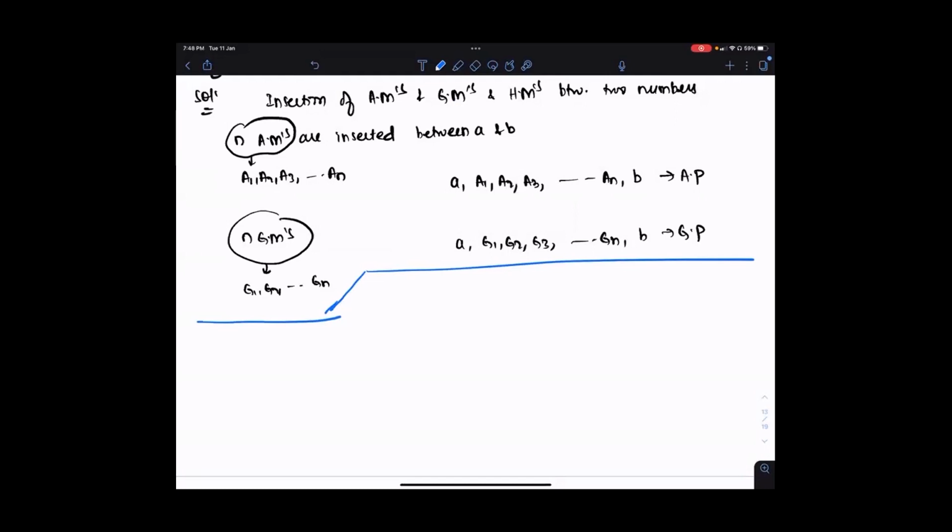See, the simple shortcut formulas are: if you know the mth term and nth term, you can get the common difference of any AP. Next, the number of terms in an AP is last term minus first term by common difference, plus 1.